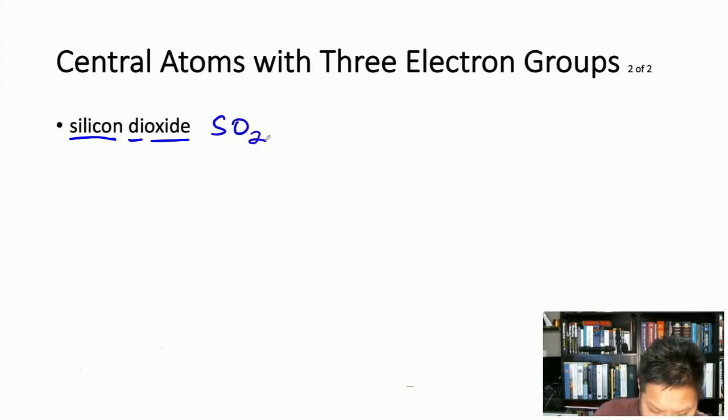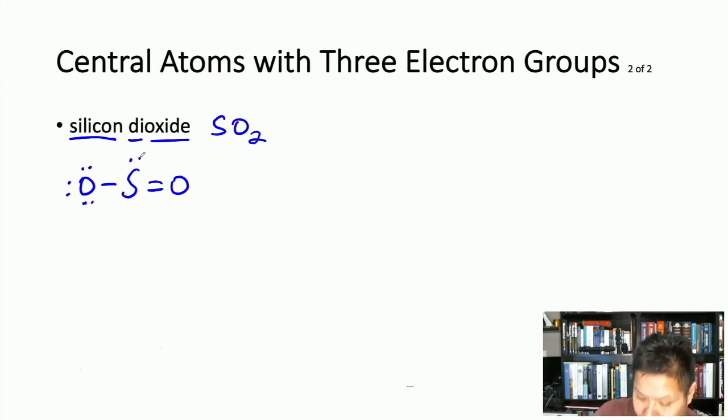We'll start out by drawing its Lewis structure like this, right? And we can count up the number of valence electrons and fill in the spots like so. I'm not going to do that here because this is just about the shape.